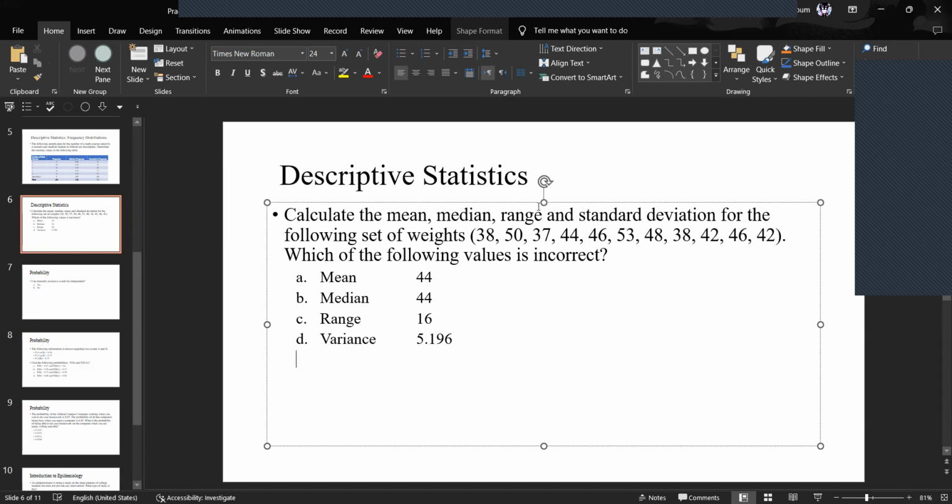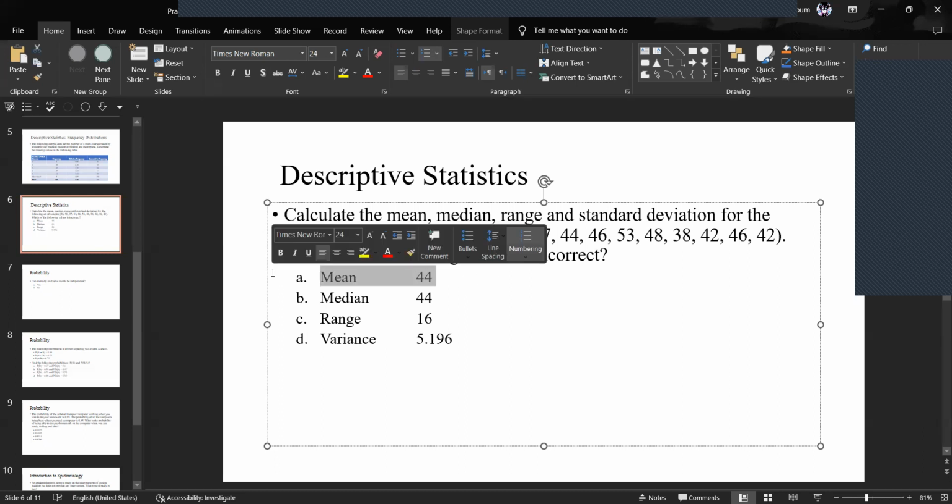Why are the numbers so many? How many? So we add all of these values up together, and then we divide it by the number of values we have. So 1, 2, 3, 5, 6, 7, 8, 9, 10, 11. And so we end up with the mean is 44. Okay, now conveniently, this is the correct answer.